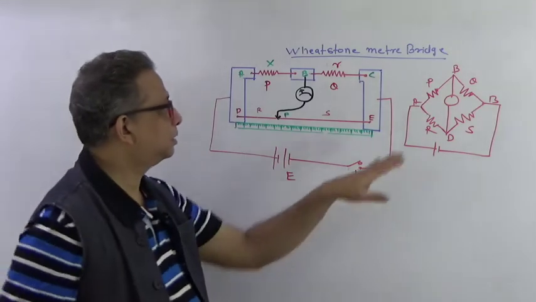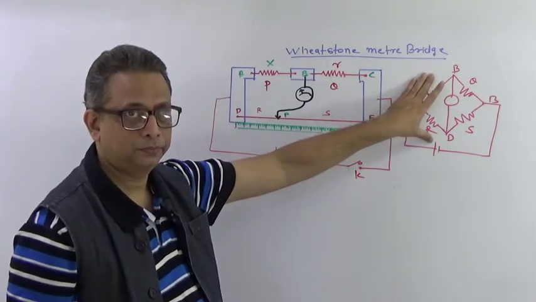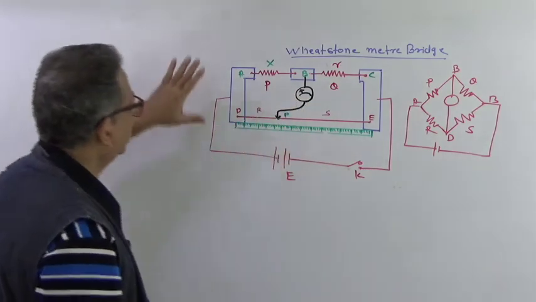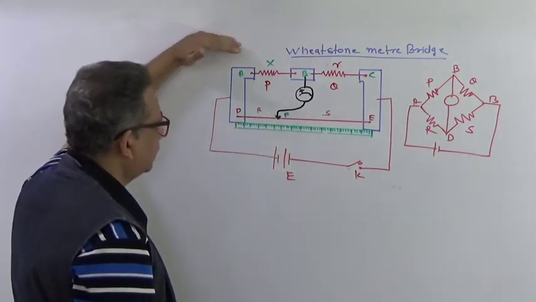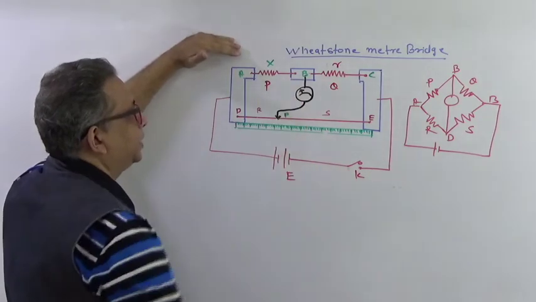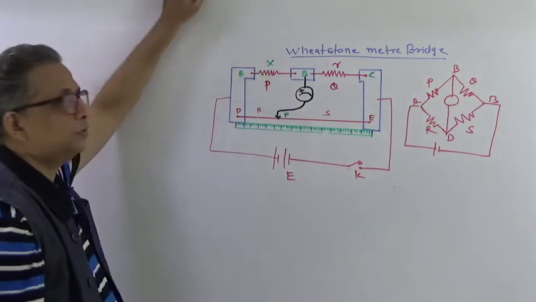Now this is a Wheatstone network. When you turn on the circuit, the galvanometer will show some deflection because the bridge will not be balanced.